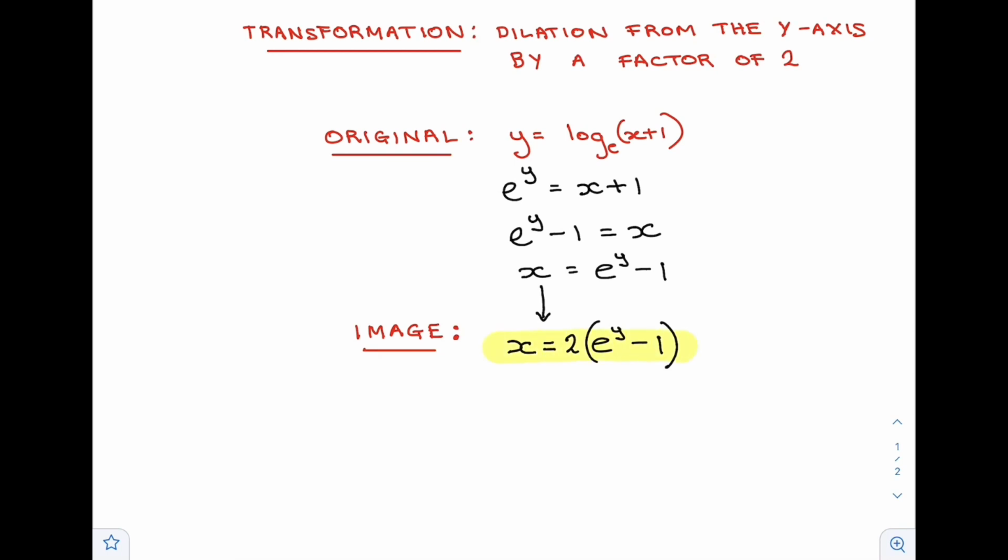Now this image equation is written with x as the subject, so we can rewrite it so that it has y as the subject. Divide both sides by 2. Add 1 to both sides.